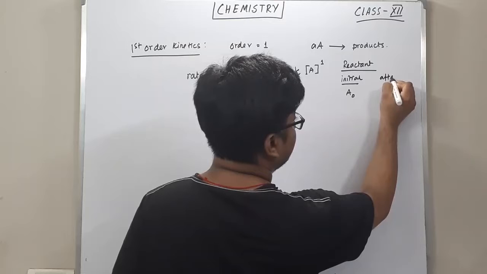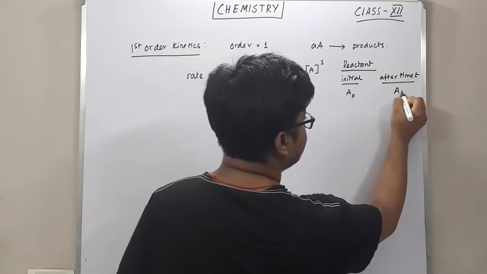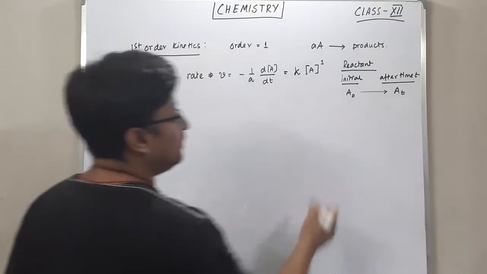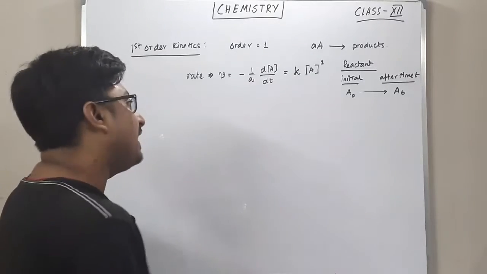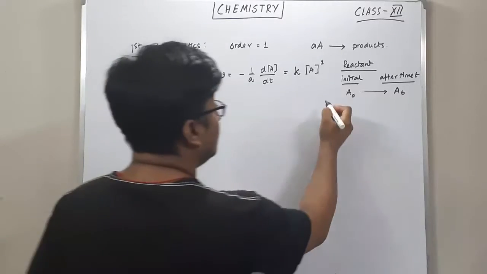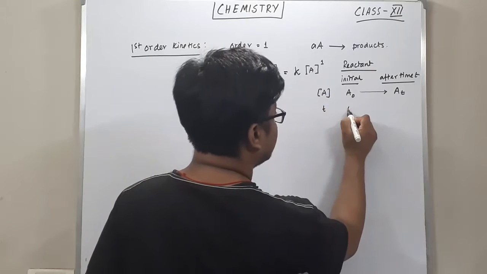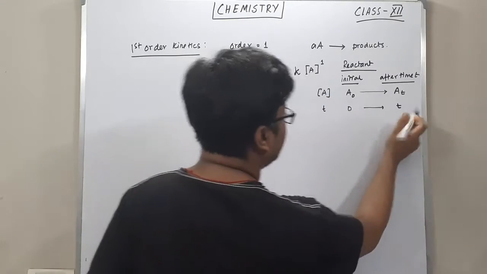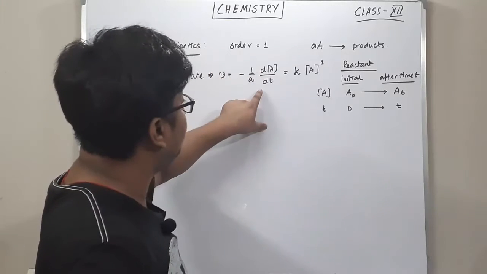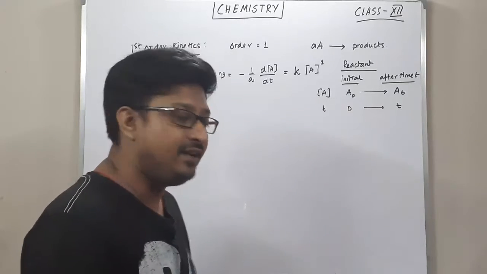After time t, the concentration is, let's say, At. So it is going from A0 to At, and that is the range for the concentration of A. The time is going from 0 to t. Now you have one differential equation and two ranges, so I can easily integrate.